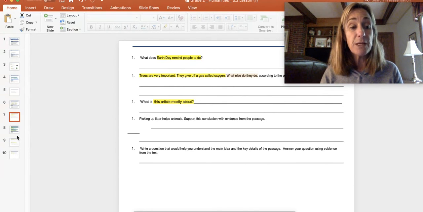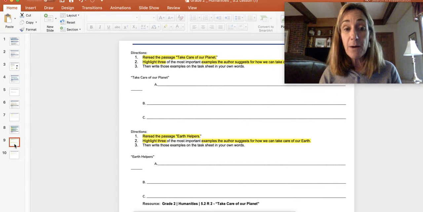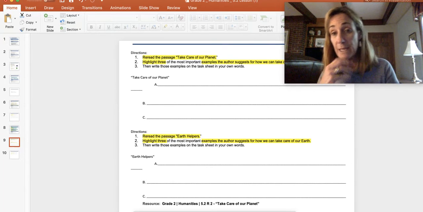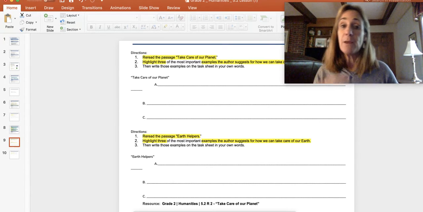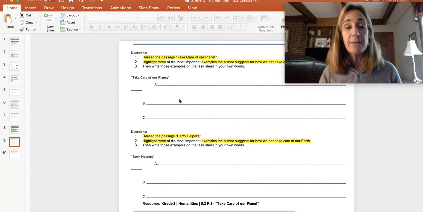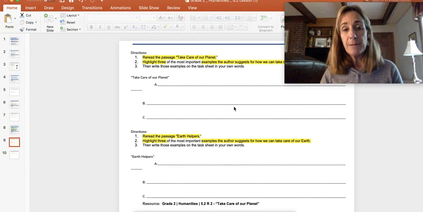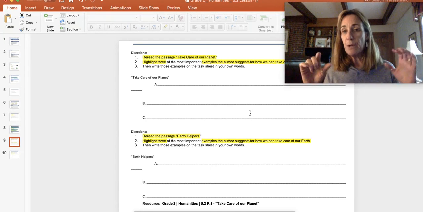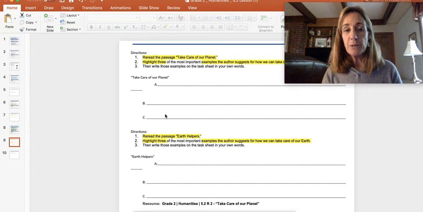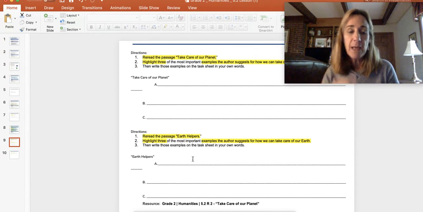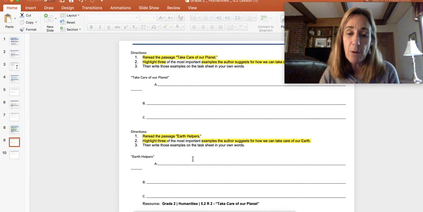Then day 3, you're going to go back to that same article and you're going to read about earth helpers again. Then you're going to come down into this second part of this page. This first part, you can just put an X through that. You don't need to do this part. You're going to go down here to the bottom and you're going to go back to the article.